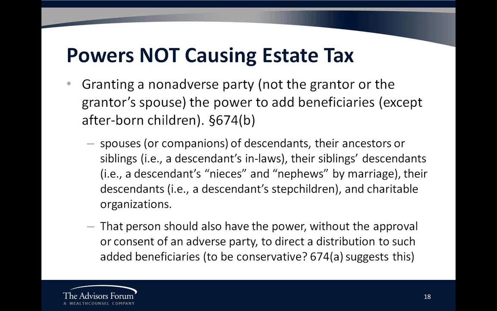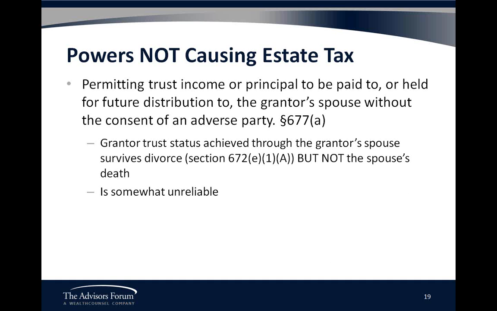Personally, I add that sentence to my language. I say that the non-adverse party can add a charitable organization as a beneficiary listed in article such and such, and shall have the power to direct the trustee to make distributions of income or principal to this new beneficiary. And I'm pretty confident that that creates a grantor trust with respect to both corpus and income, because I do that for S corporation planning.